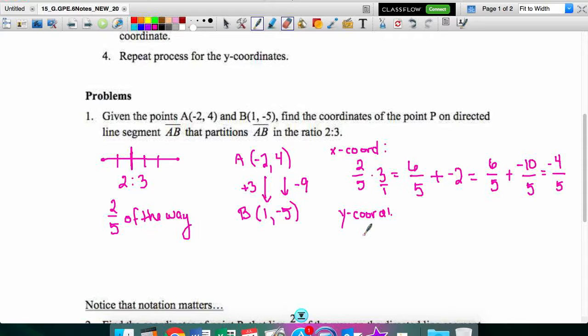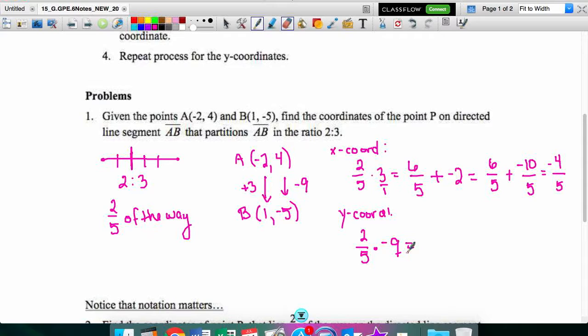Next, we're going to take the fraction 2/5 that we want to travel and multiply by the entire distance of our y points, so negative 9. And once again, what you're doing in this particular part of the process is you're finding the actual physical distance that you want to move away.